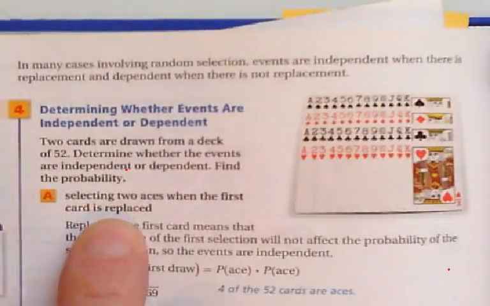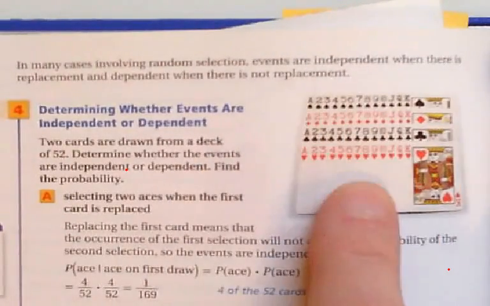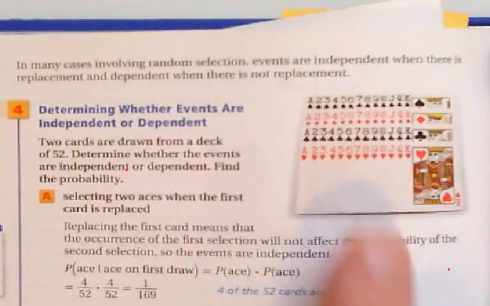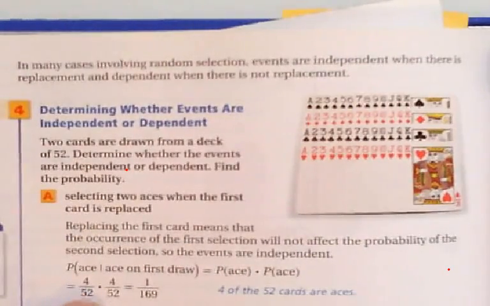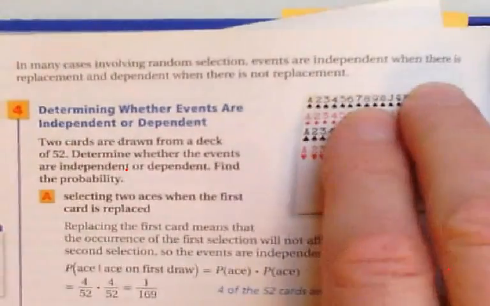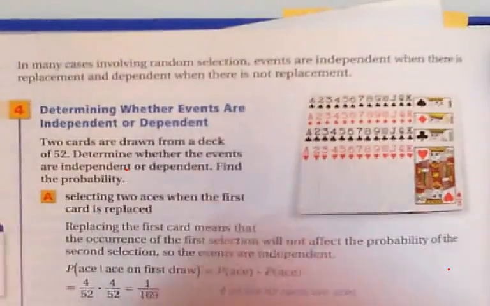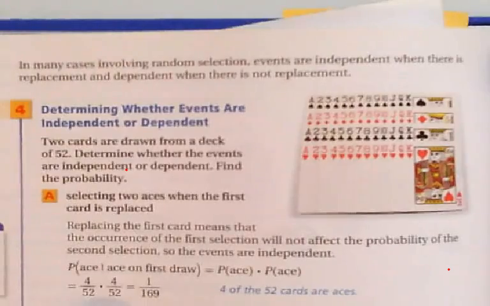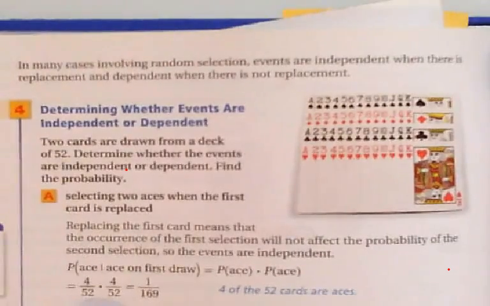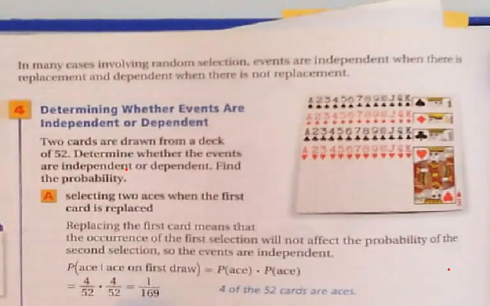See, if you put it back in the pile, there's still 52 cards in the pile, and there's only 4 aces, so there's 4 chances out of 52 for the first one. And then if I put it back in the pile, then there's still 52. If I shuffle them and then pick another ace, there's 4 chances out of 52. So if I multiply those two together, I get this probability.